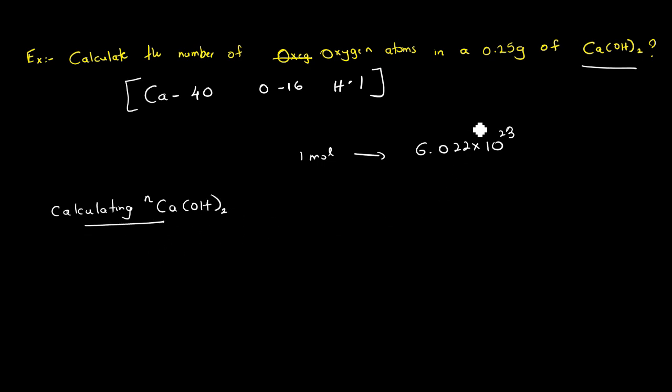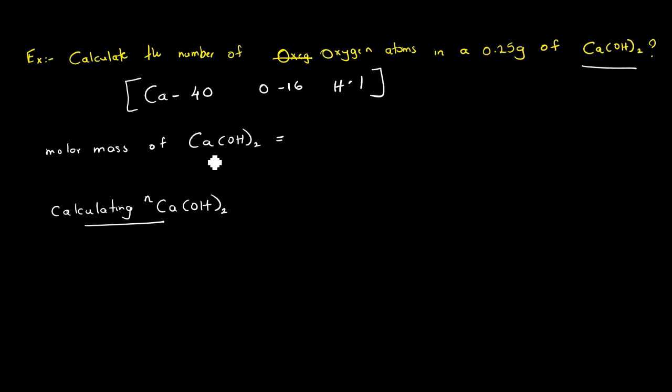So we can use the simple equation based on the molar mass. So I am calculating the molar mass. We know there is only 1 calcium, so 40, and here you can see this is a bracket, right?